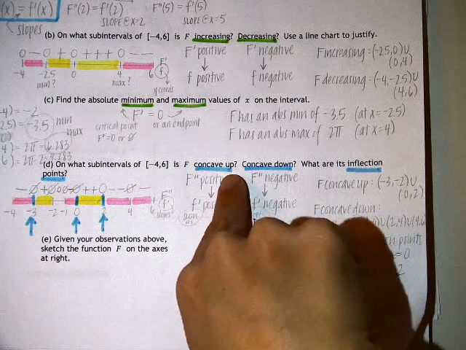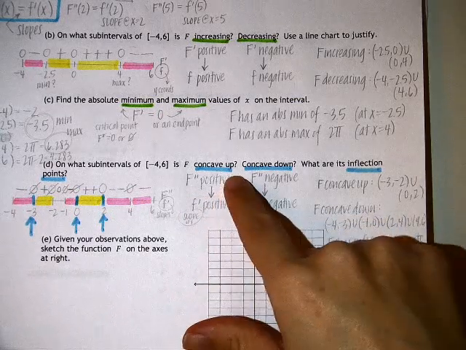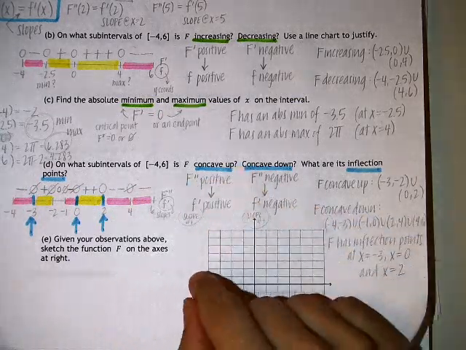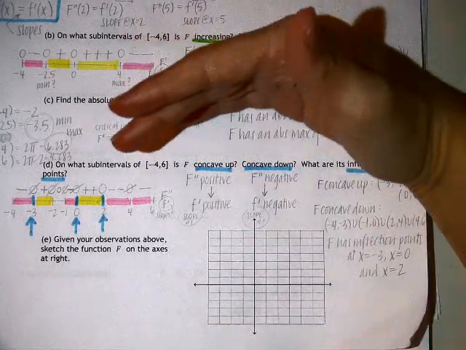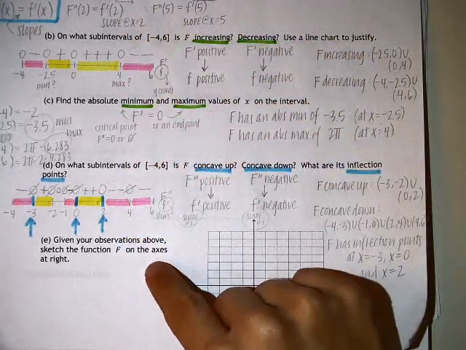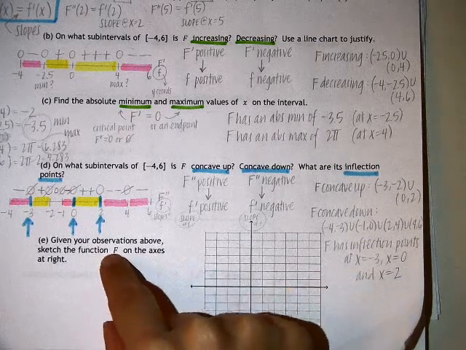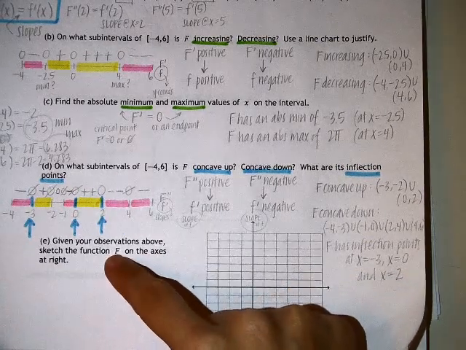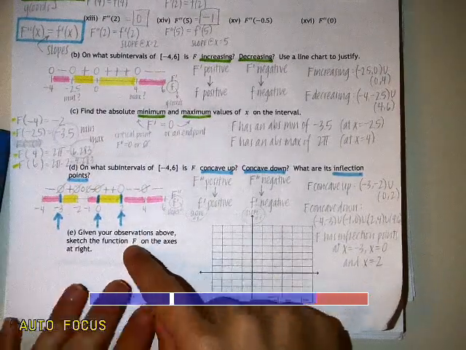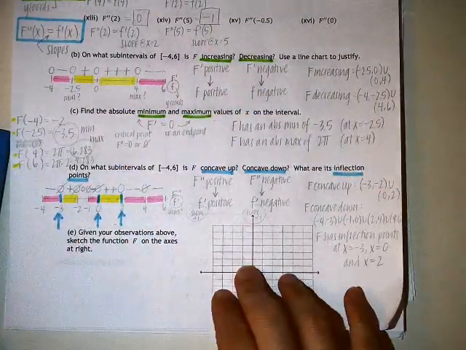And what does its concavity tell us? How can that help us picture what big F will look like? Because all of our observations are going to help us in letter E to sketch a function that we can guess represents big F, even though we've never actually seen it. So think about what all your answers up to this point mean, and in letter E we'll tie it all together.